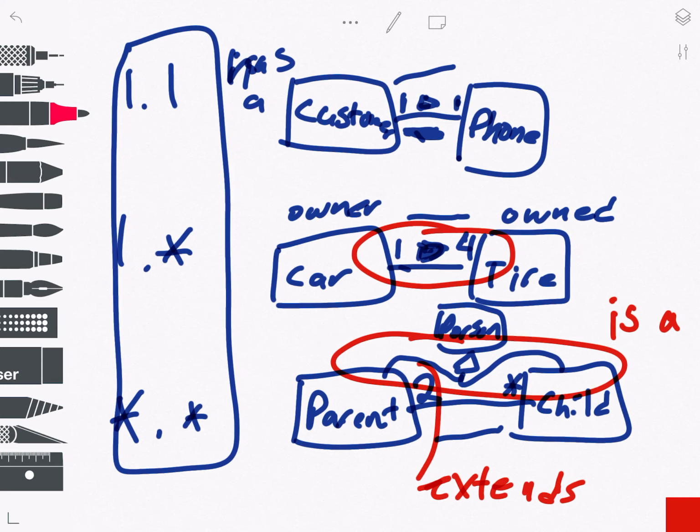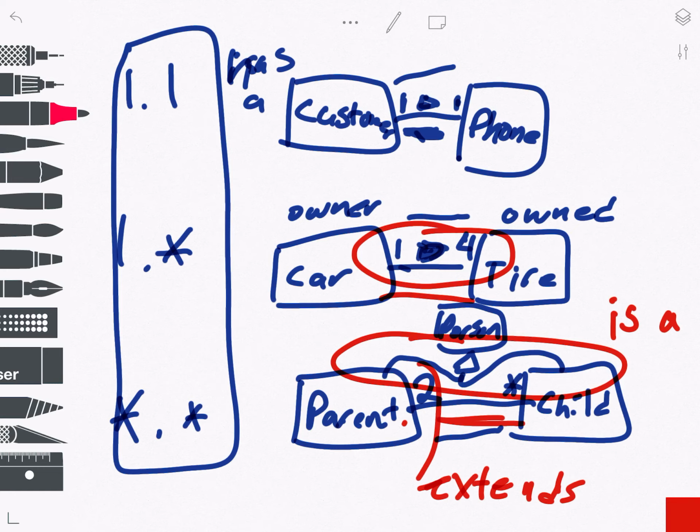The has a relationship, the way that gets represented in Java is we may have an array list, all right, where a parent has an array list of child objects. A car might have an array or an array list of tire objects. We'll get to other data structures later.